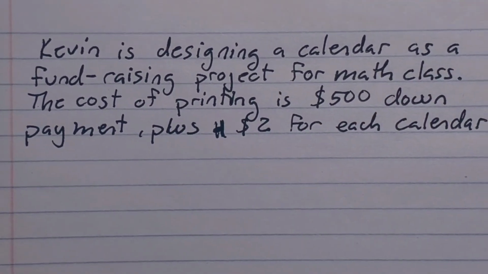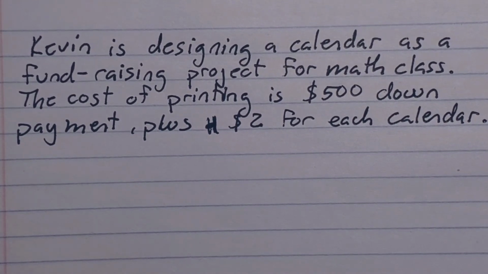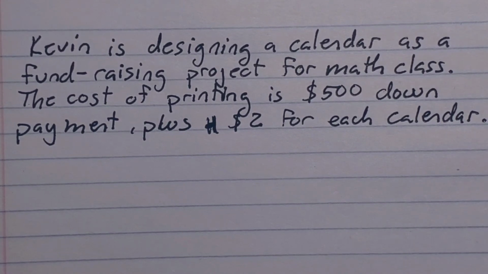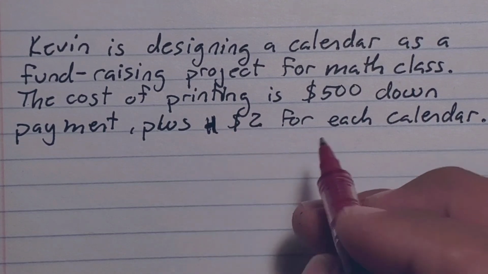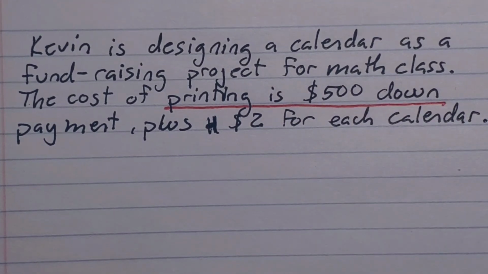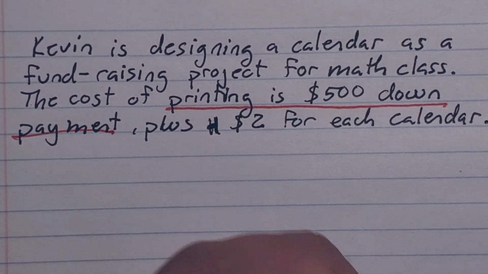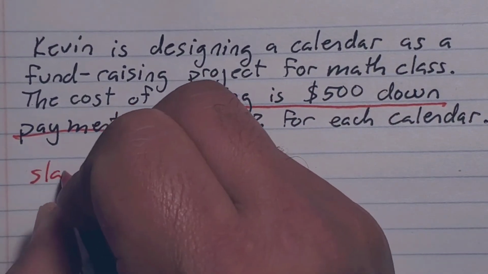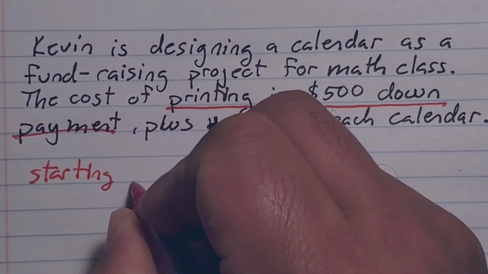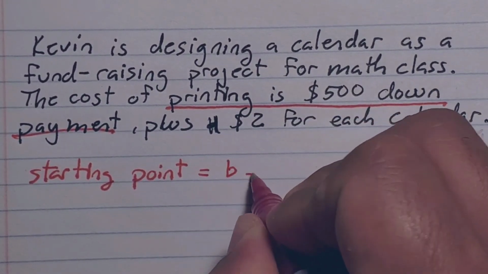So whenever you see a word problem like this, you have to read it. I would really read it twice. And then you really try to understand what's going on. Okay, in order to print these calendars, you need to pay $500 up front, or $500 down payment. So that is my starting point, my b.